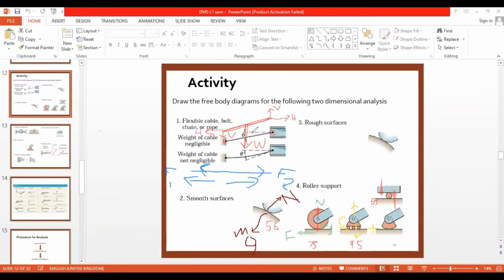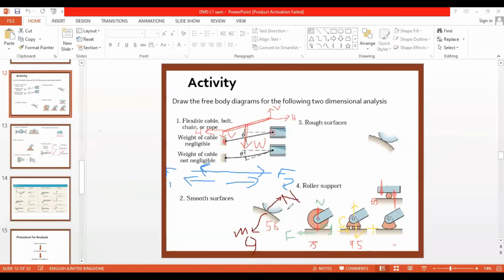So this is the free body diagram for this cable with mass. If it is without mass, then we will not have this component. We will have only these components. So this is the free body diagram for this particular figure. And this is a surface, that's a smooth surface, fine.